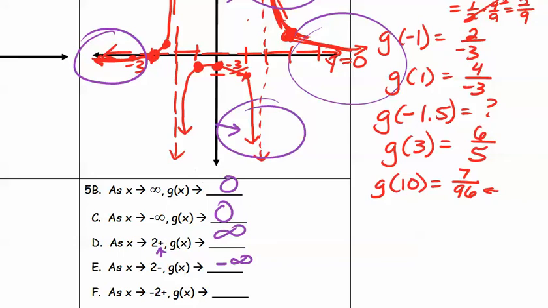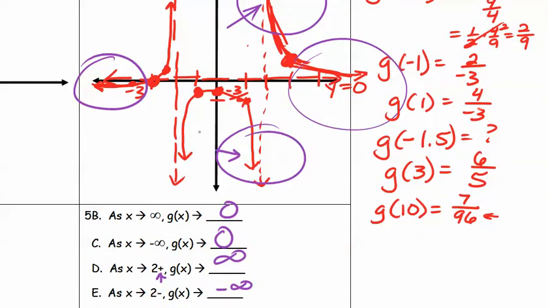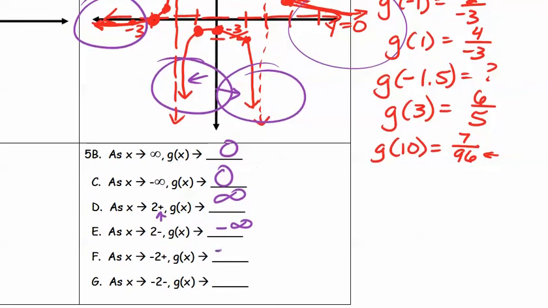What happens as x approaches -2 from the positive? That means the right side. What happens in our graph as we get close to -2 from the right-hand side? Our graph is going down to negative infinity. And last, what happens as our graph is approaching -2 from the small side?